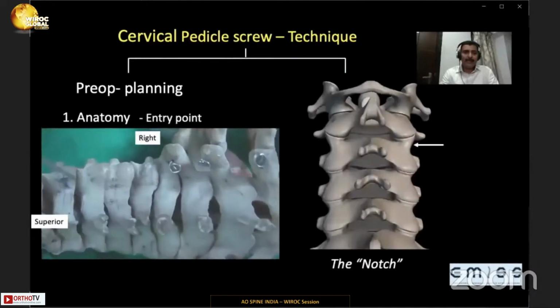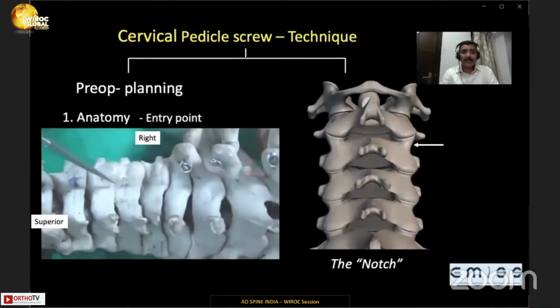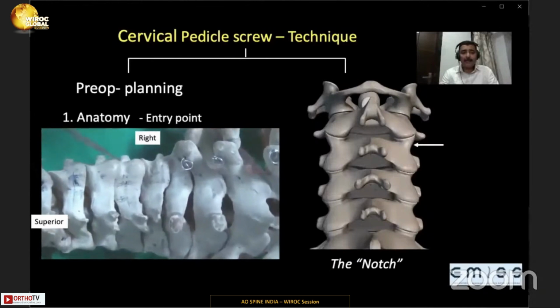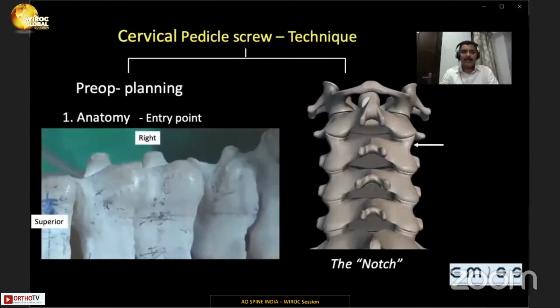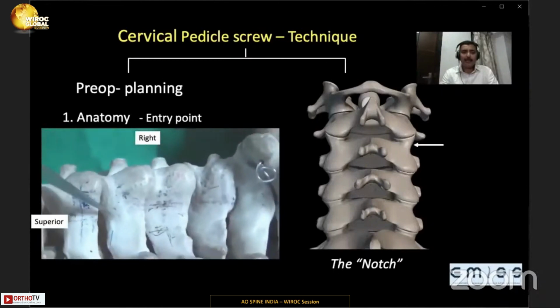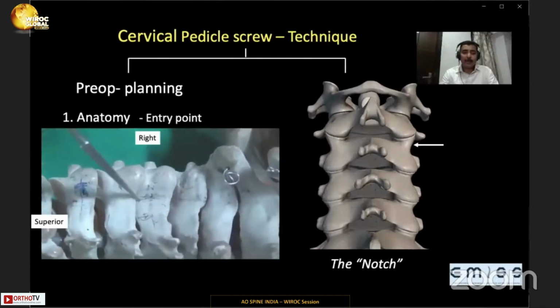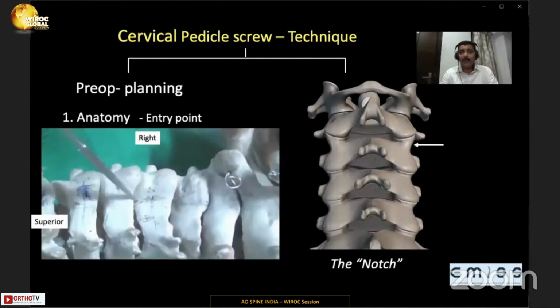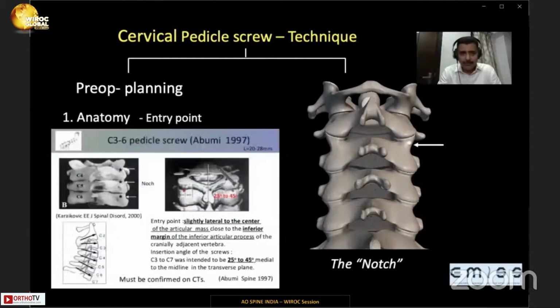So if we look at the cervical lateral mass, it's basically a rectangular block from the superior to the inferior articular process. And on the lateral margin, there's a depression at the proximal 1/3, which is called the notch. Exposure of this notch is extremely important for you to insert cervical pedicle screws. It is basically down the slope at the lateral aspect of the lateral mass.